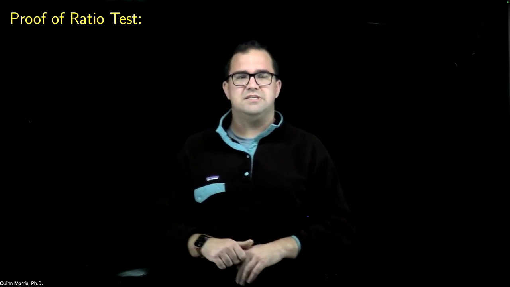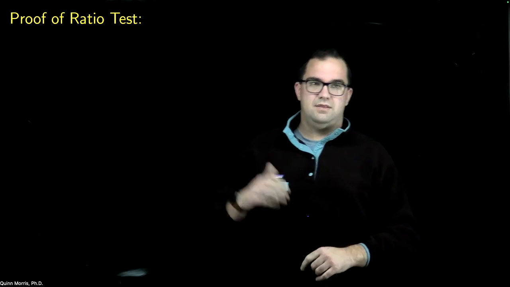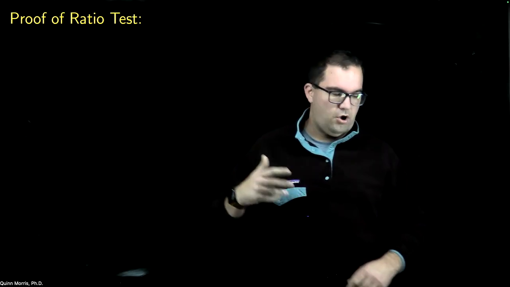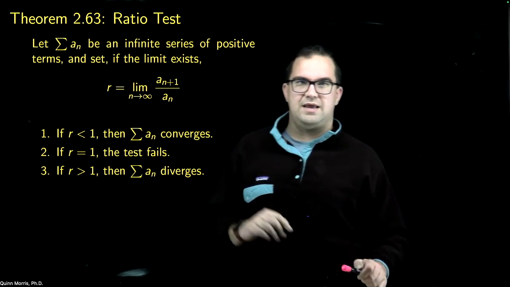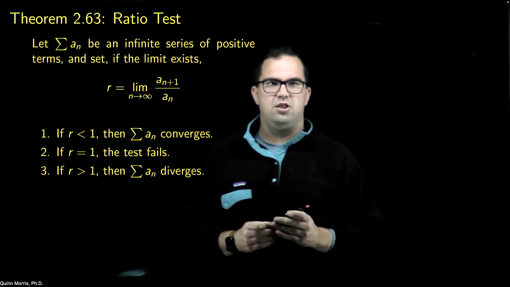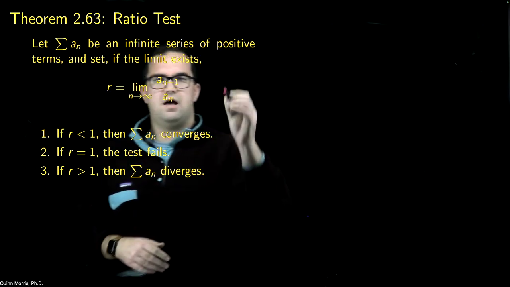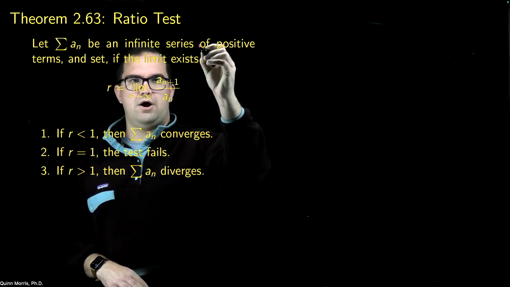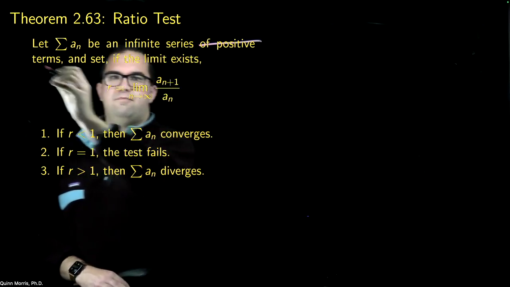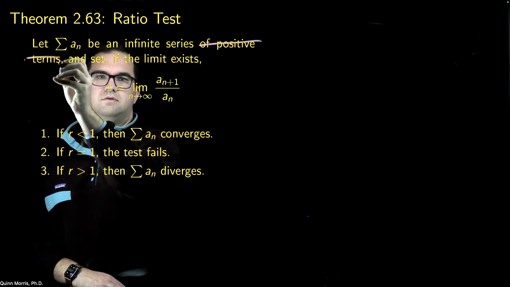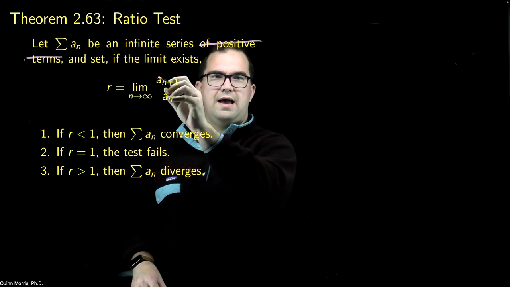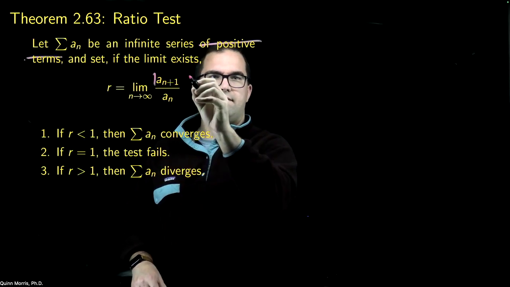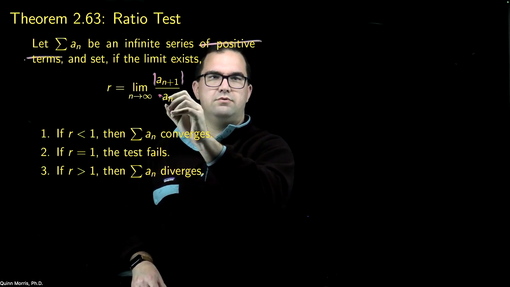Now, as I mentioned briefly earlier, there are a lot of refinements to this test. There's the version we've talked about here. The way it's stated in a lot of calculus texts is that we remove this requirement that we have positive terms, and we instead look at these with absolute values.